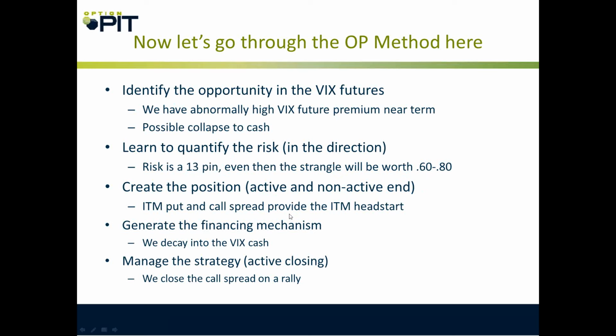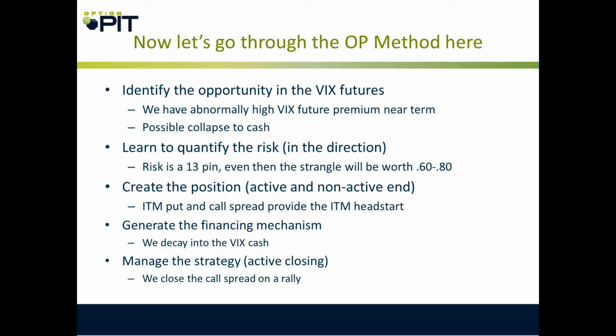Your in-the-money put and your call provide the head start. Our financing mechanism for this trade is decaying into cash. So if everything goes perfectly, the trade is self-financing, meaning the option premium we pay doesn't cost us anything just because the future keeps decaying.